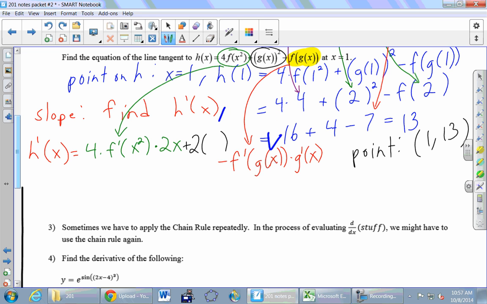What are we copying in here? It's g, the thing that's inside. Normally this would just be 2x, but it's not just f prime of x, it's f prime of whatever the inner function was. So we need to put the g of x right in there.